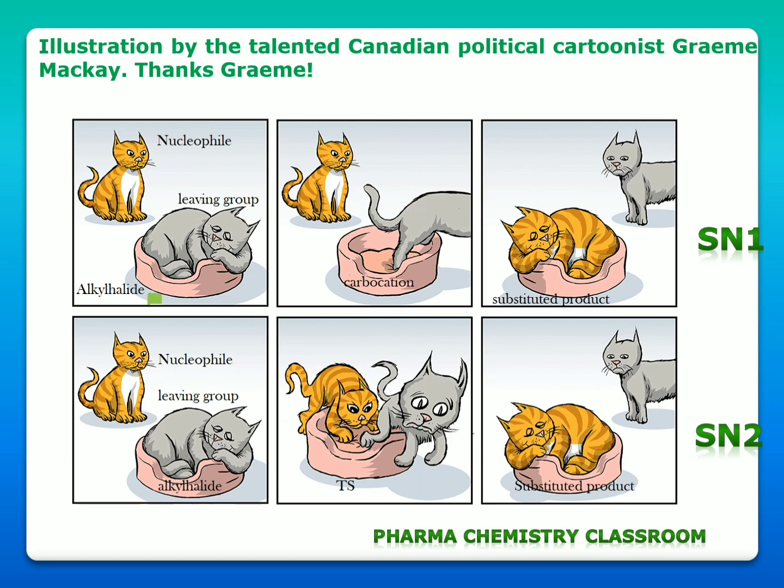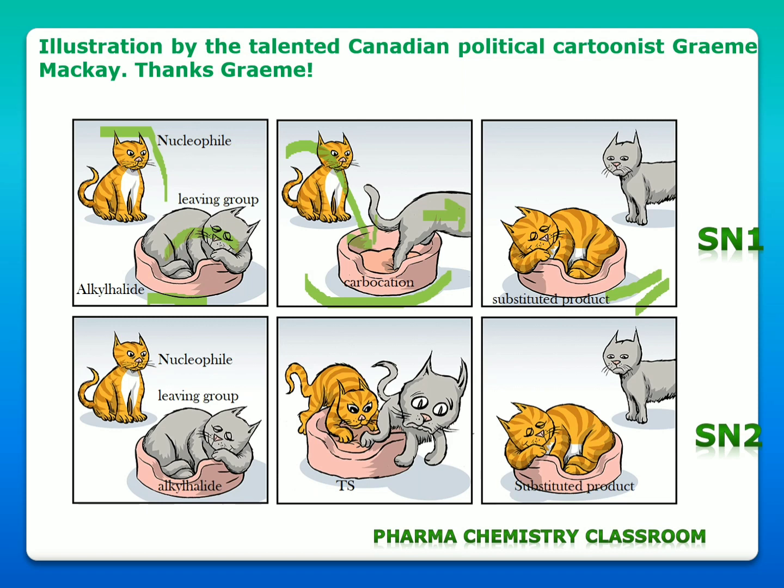This is an alkyl halide having a leaving group, a black cat, and here the nucleophile. As soon as the leaving group leaves, a carbocation forms. On that our nucleophile can come and attach to get a substituted product. That is SN1 reaction.